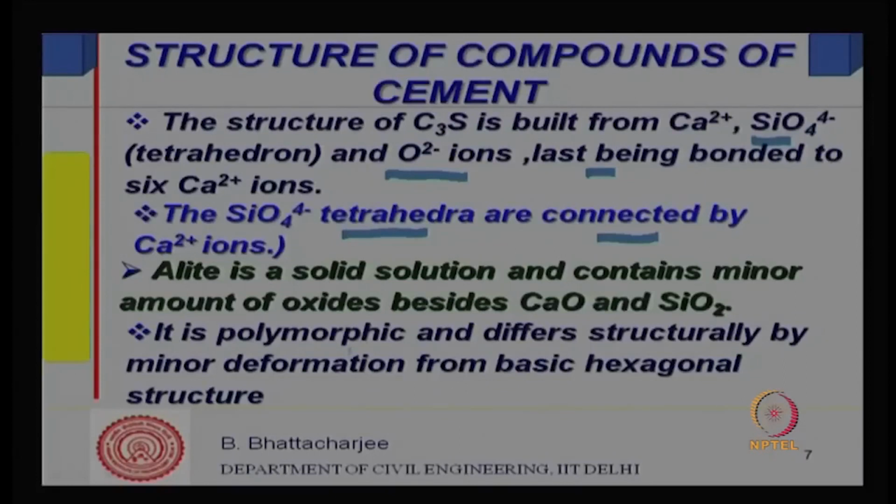Generally, it exhibits polymorphic structures, which differ structurally by minor deformations of the basic hexagonal structure. So, it has a basic hexagonal structure. It is polymorphic, not the same crystal structure: more than one morphology exists, and all of them differ from the basic hexagonal structure by minor deformations.